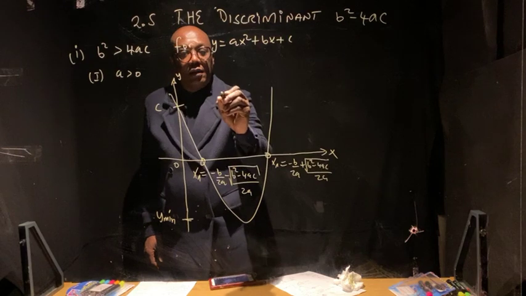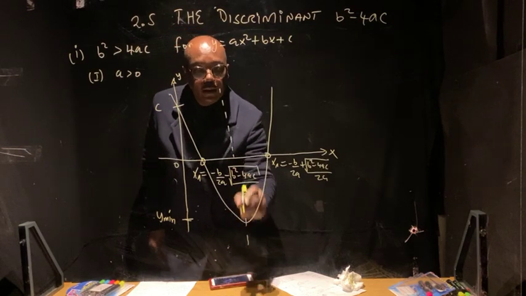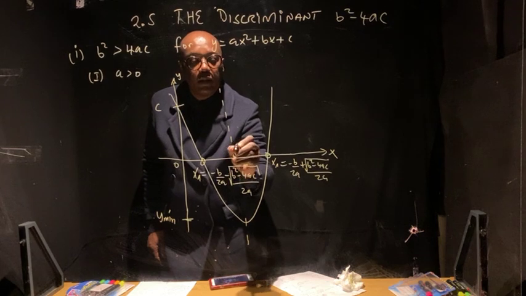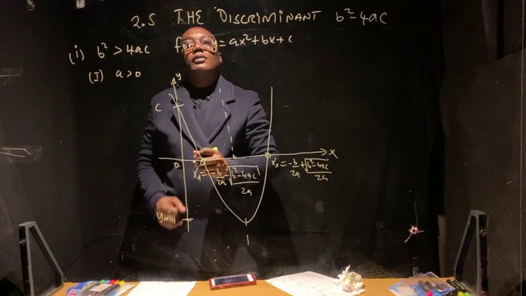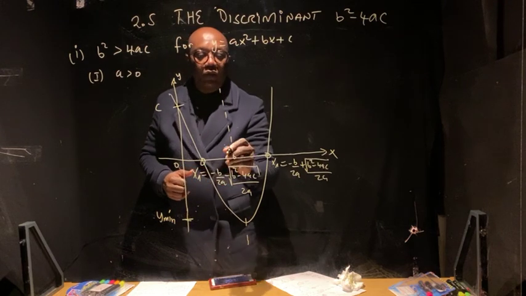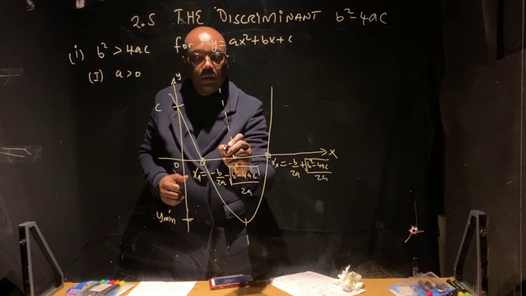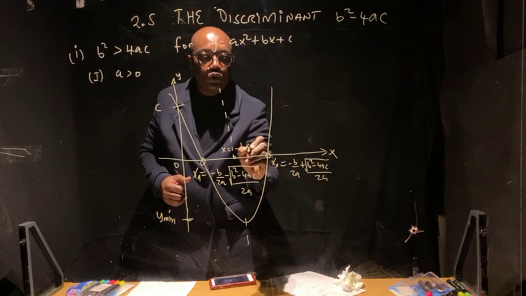But remember, there's a symmetry over there, and this specific point is the equation of the symmetry, x equals negative b over 2a.